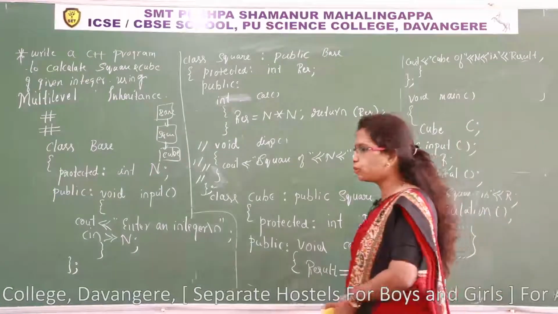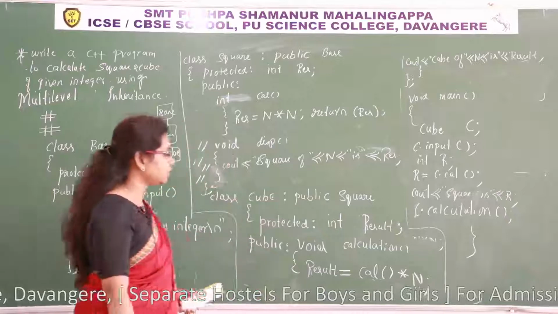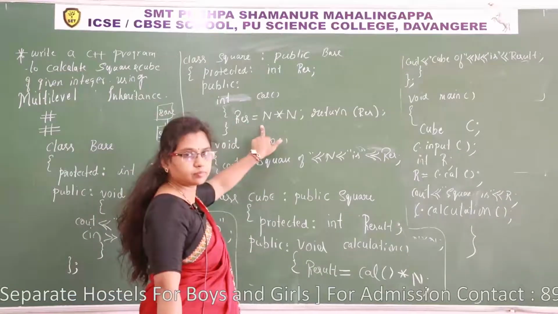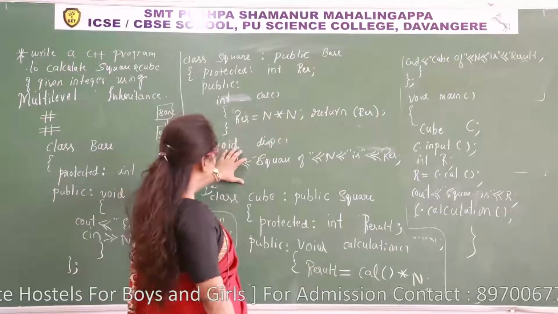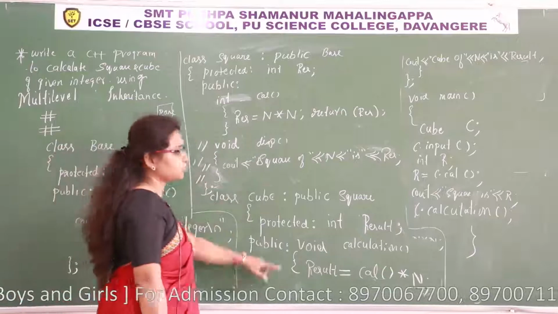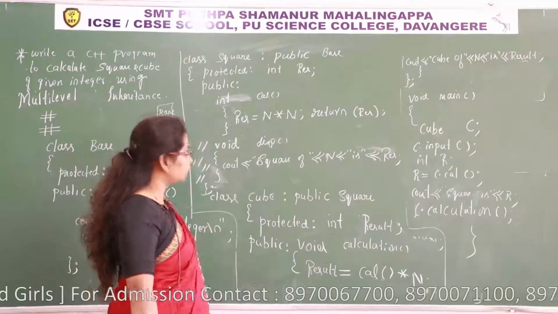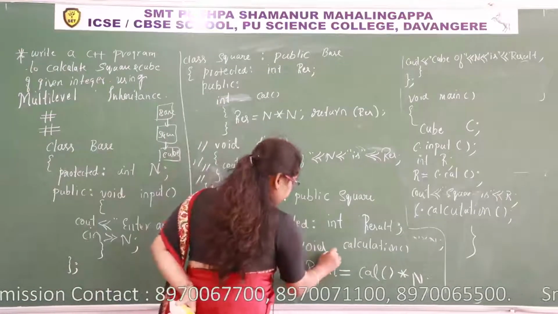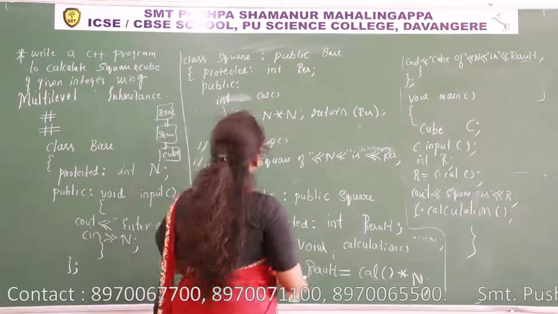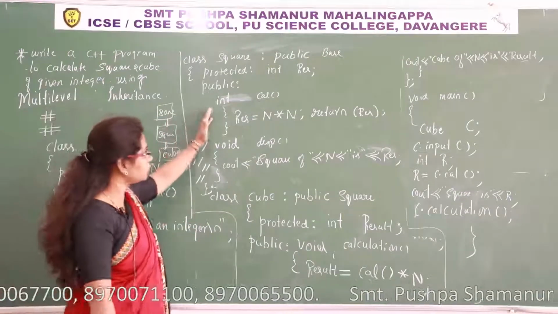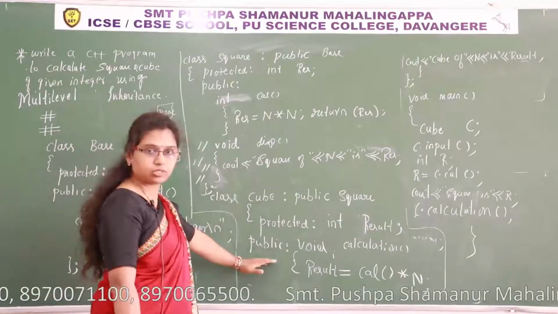If you don't want to return the result, then in what way can you implement it? I don't want to return the result. I want to display from this class and I have to make use of this function in the subclass. Then how to write? We can write like this. I can take a local variable here. I hope you are understanding. I am using the cal function in this function.